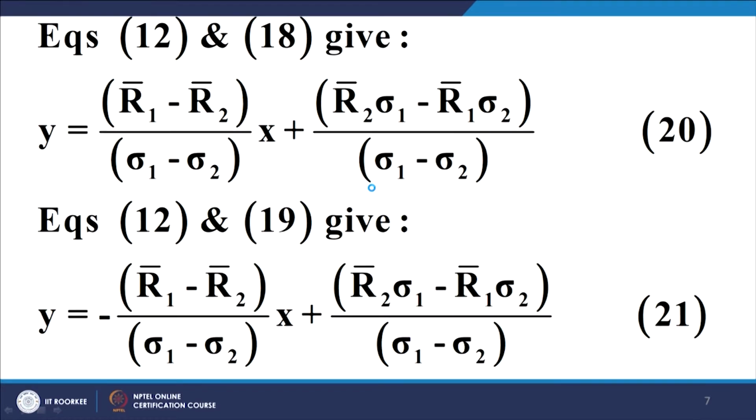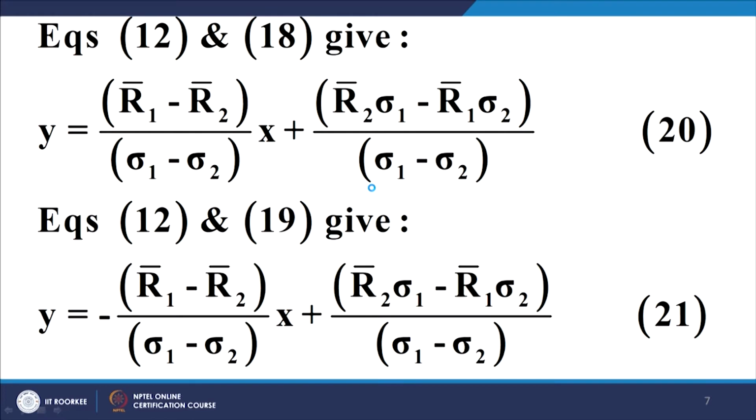And the third observation is that the slopes are negative of each other. That means they are mirror images of each other about a line which is parallel to the x axis and which passes through the point (r2 sigma 1 minus r1 sigma 2) upon (sigma 1 minus sigma 2).